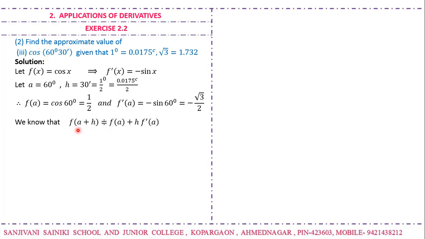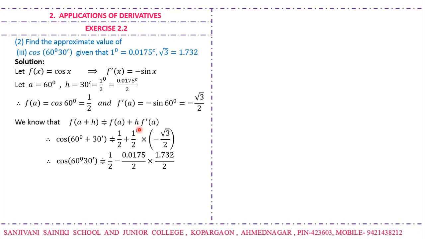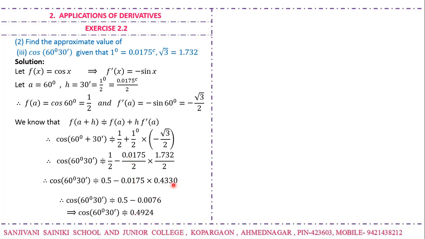Then using the formula for approximation, we will put those values in and keep simplifying. After taking the multiplication of these two numbers, 0.5 minus 0.0076, take their subtraction and you will get the cos of 60 degree and 30 minutes is approximately equal to 0.4924.